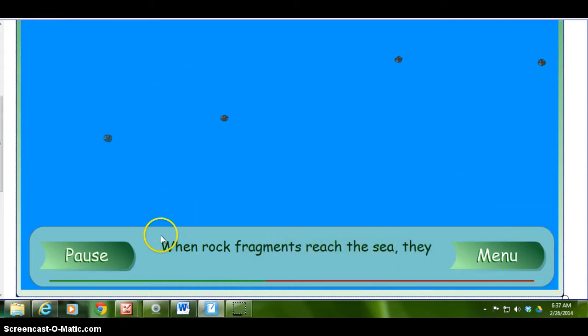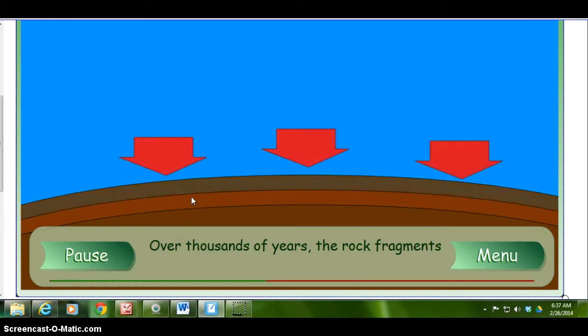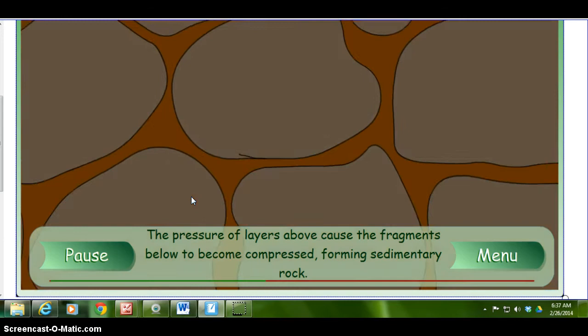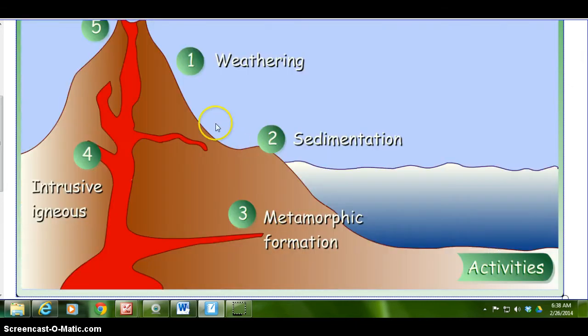They reach the sea. They sink. When they reach the bottom over thousands of years, they start building up. This doesn't have to happen just at the sea, but the pressure of the layers causes those fragments to get pushed together. And that starts forming a sedimentary rock.